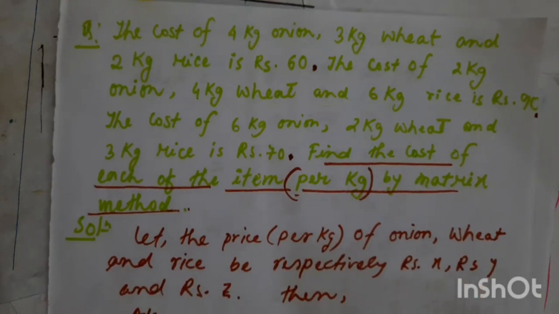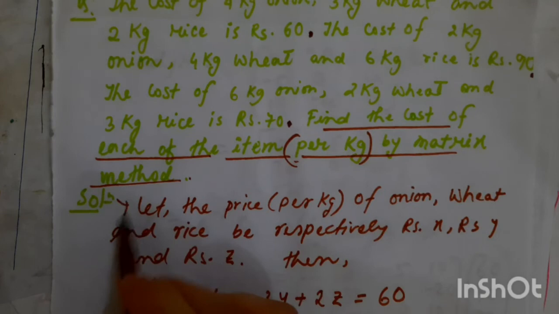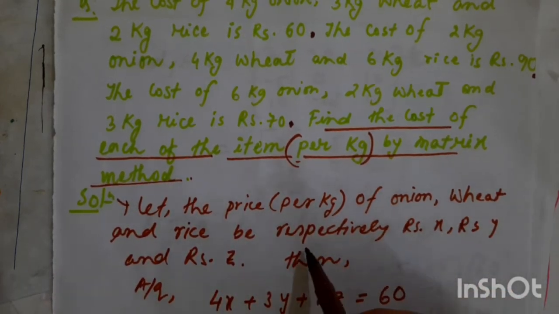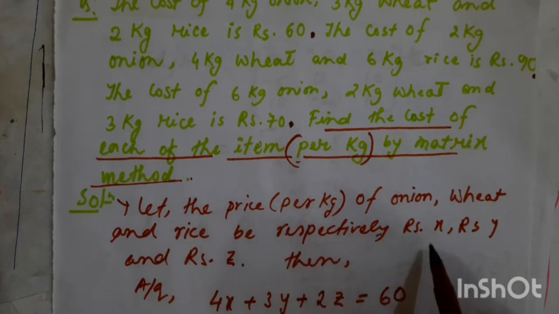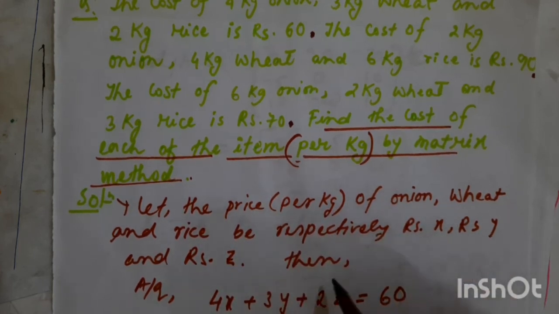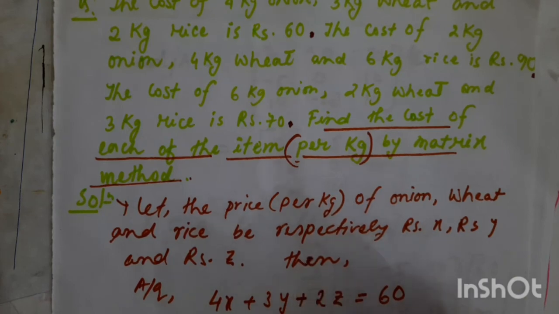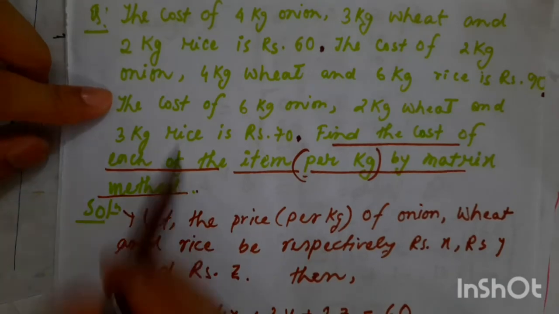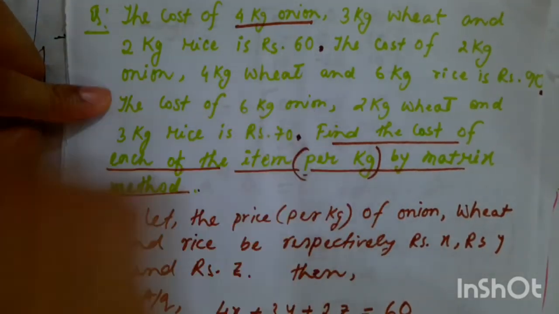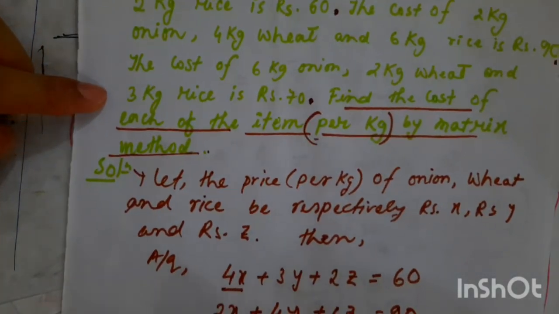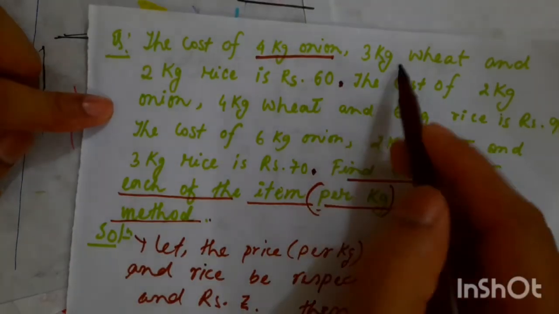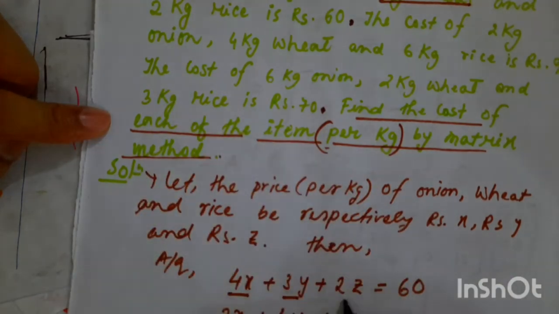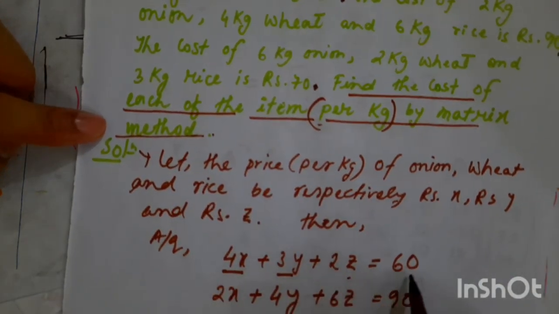Now let's see how we can solve this one. Let us first consider the price per kg of onion, wheat and rice be respectively rupees X, rupees Y and rupees Z. Then from the first condition, 4 kg onion, so 4 into X, 3 kg wheat, so 3 into Y, and 2 kg rice, 2 into Z, equal to rupees 60.